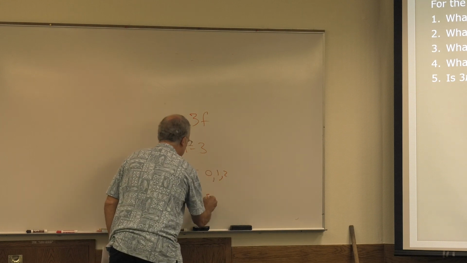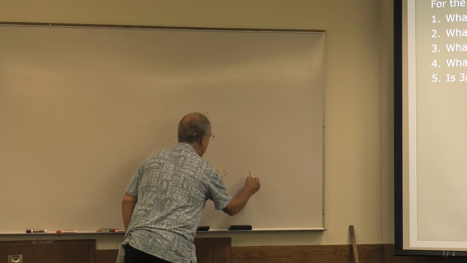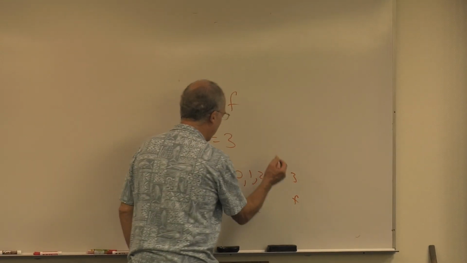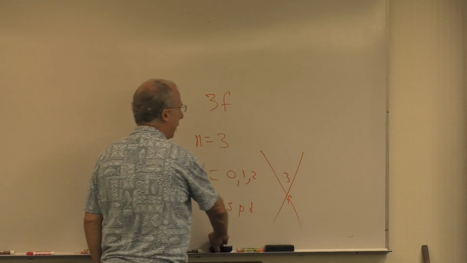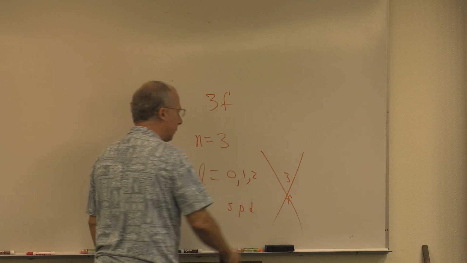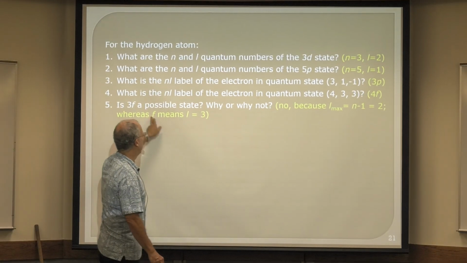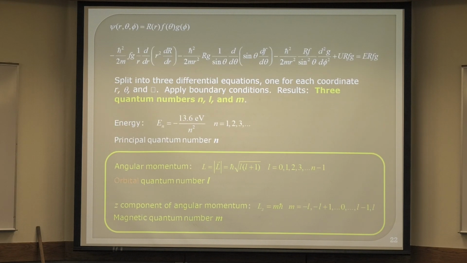Well, 0 is S, 1 is P, 2 is D, 3 is F. But 3 is not possible, because the maximum L is 2, so you can't have a 3F. Impossible. All right, very exciting.